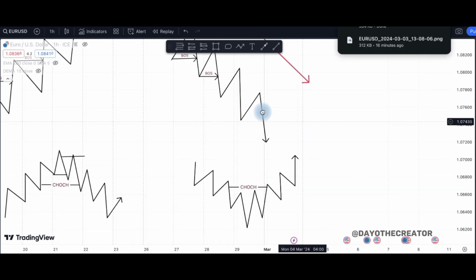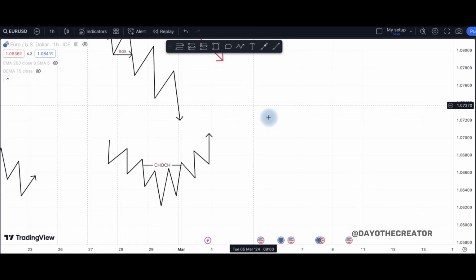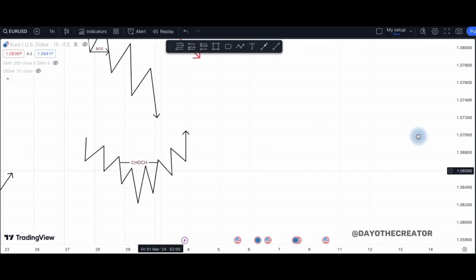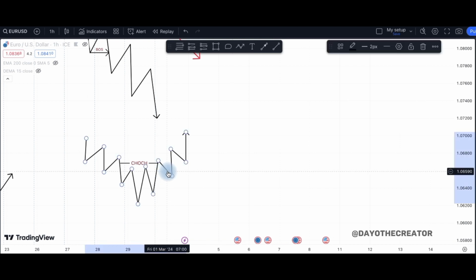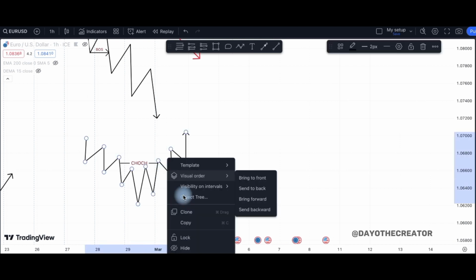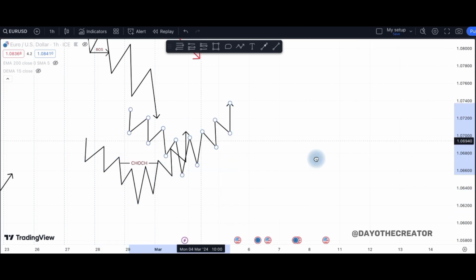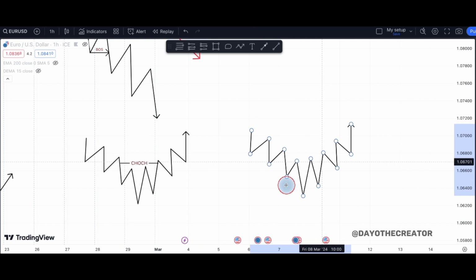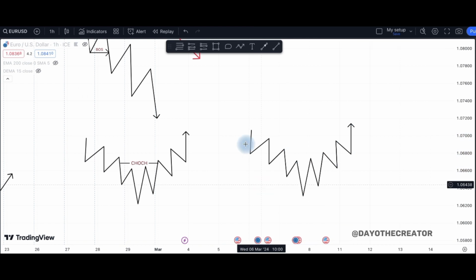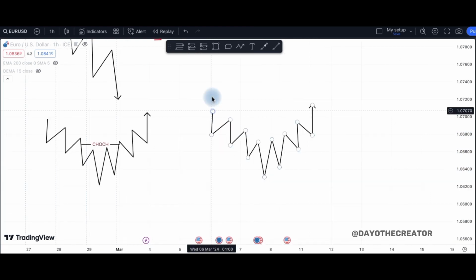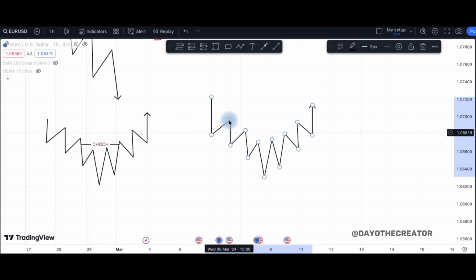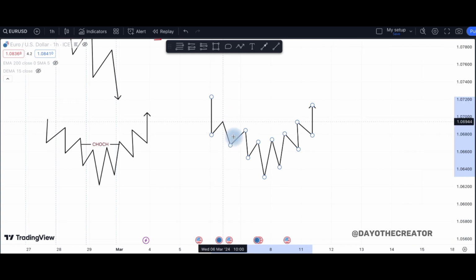So an internal liquidity. As we all know, the market, I spoke about this in our first class.